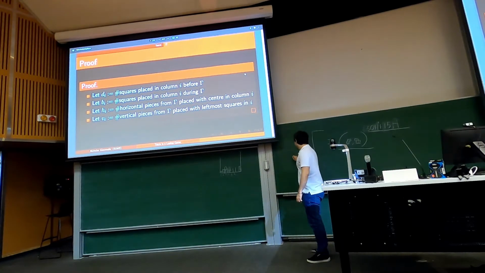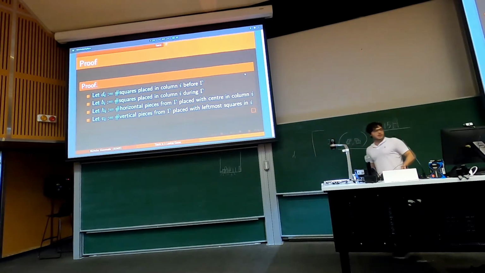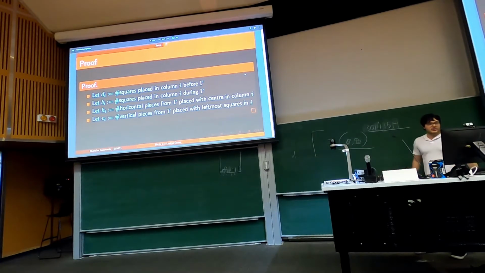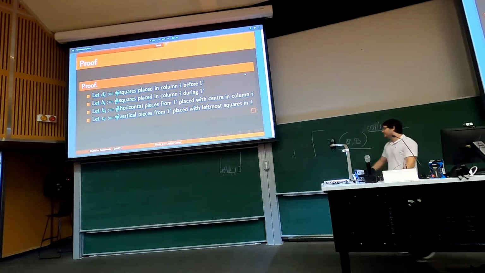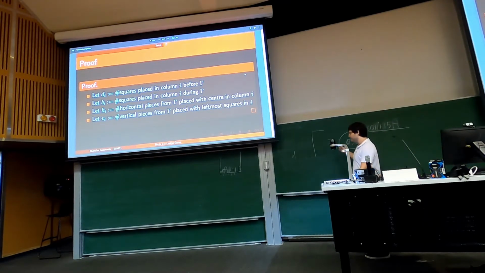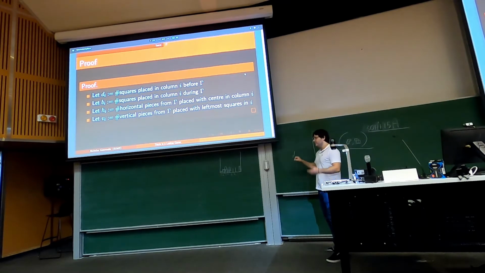To be clear, d_1 will denote the number of squares in column 1, and d_i the number of squares in column i. Let b_i be the number of squares we've placed in column i sometime during gamma. So now we're in the sequence gamma, we've been placing pieces, and at some point we have placed, of pieces from gamma, b_1 squares in column 1, and b_i squares in column i.